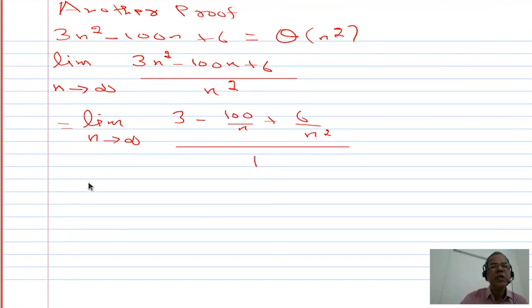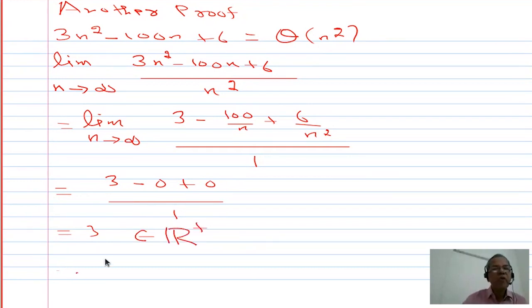Now we can substitute n equal to infinity, we get 3 minus 0 plus 0 by 1, which is equal to 3. This is a constant, a real number. Therefore, 3n squared minus 100n plus 6 is big theta of n squared.